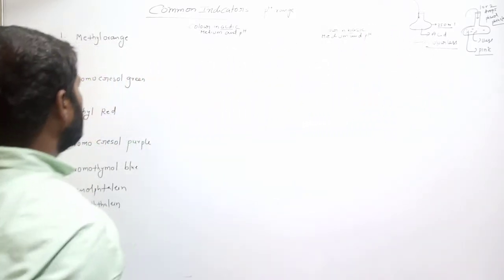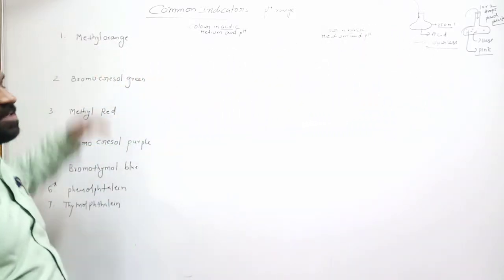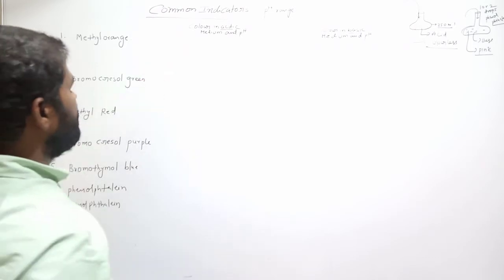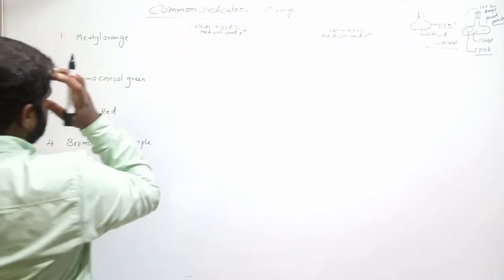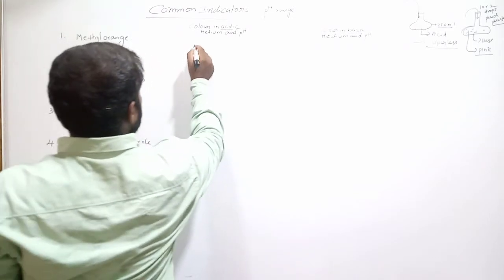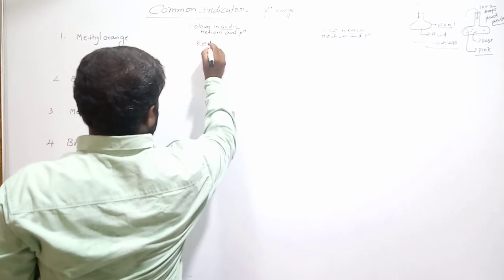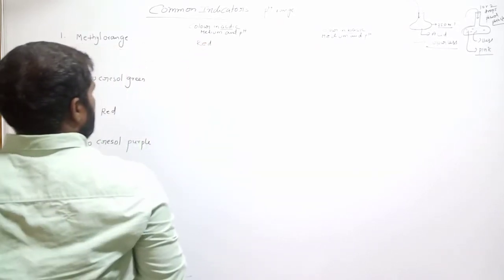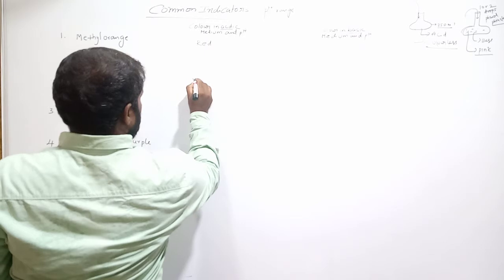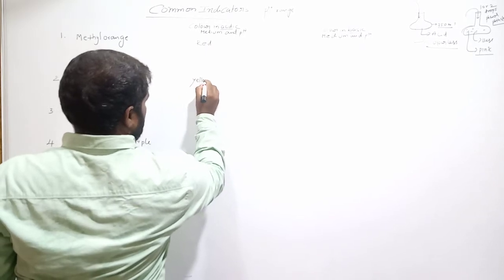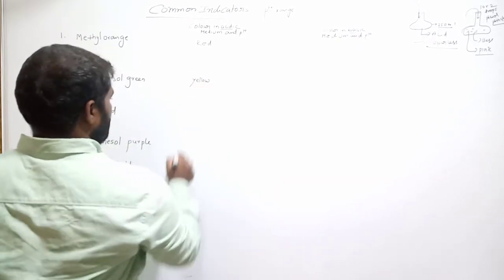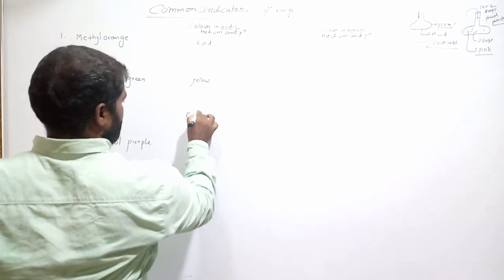So let's see now. Go for the first one, methyl orange. In acidic medium it is red in color. Next it is yellow. Again it is red.